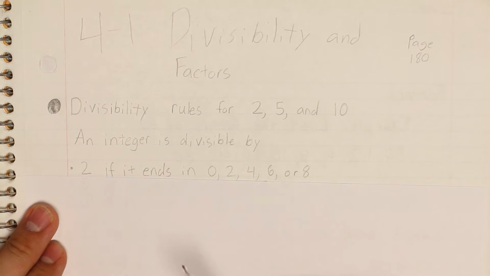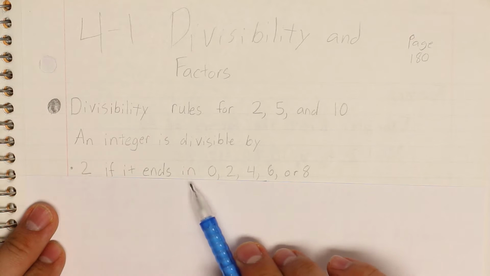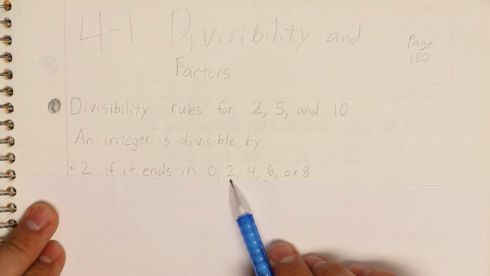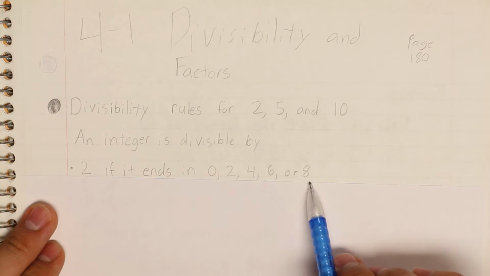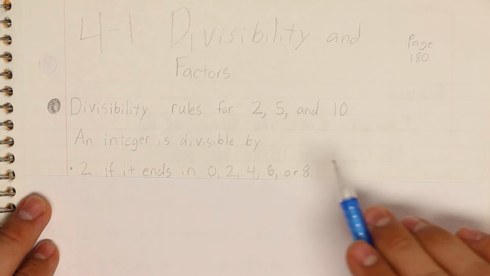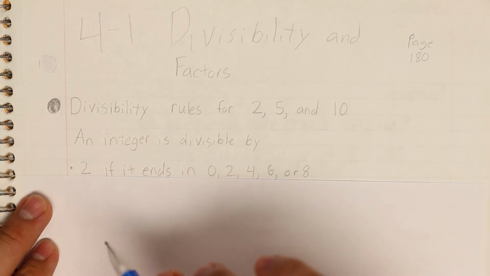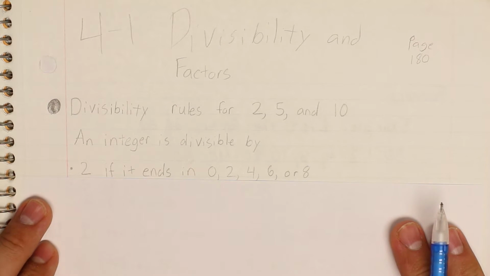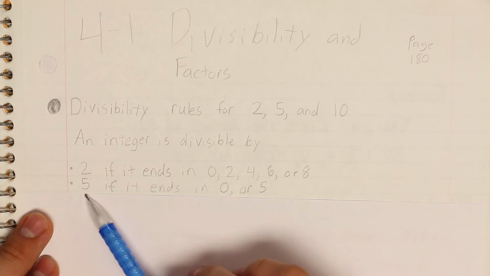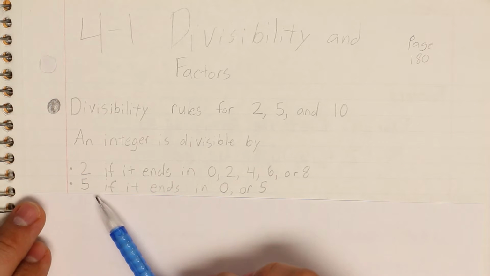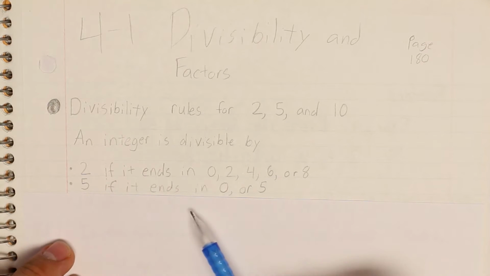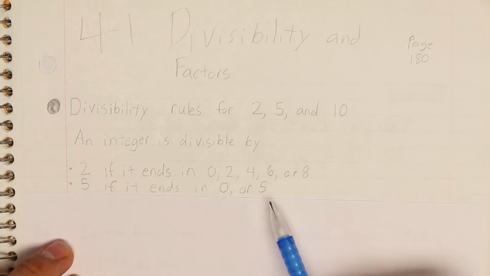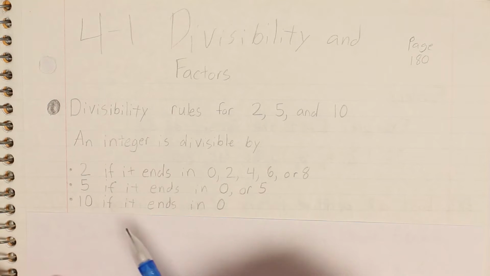You can divide it by 2 if it ends in 0, 2, 4, 6, and 8. Pick any integer you want. If it ends in one of these, you can divide it by 2, and it will come out to be a whole number. For 5, it's divisible by 5 if it ends in 0 or 5. And it's divisible by 10 if it ends in 0.